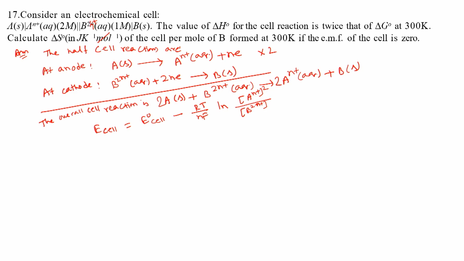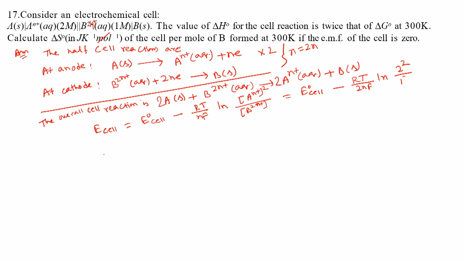Okay, so we get E cell is E naught cell minus RT by nF. Now the concentrations are given. Now n is here 2n, so we write 2nF here, ln concentration of A^n+ is 2 M, so 2 square by 1 square. So we get this.